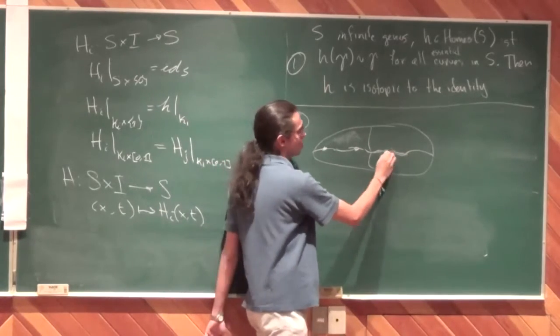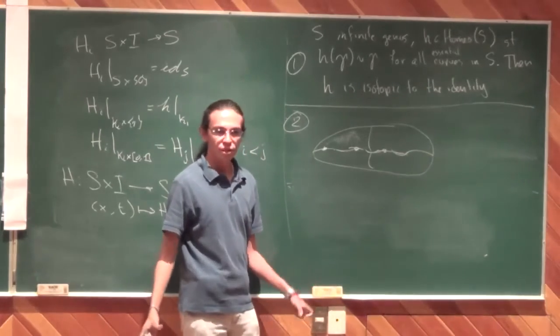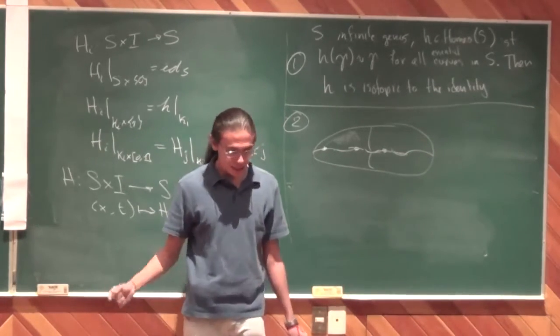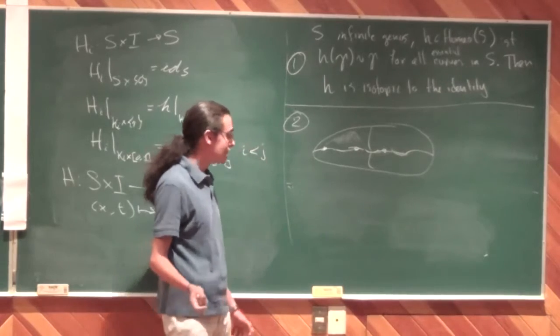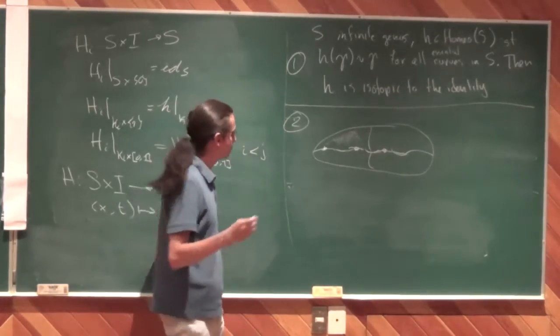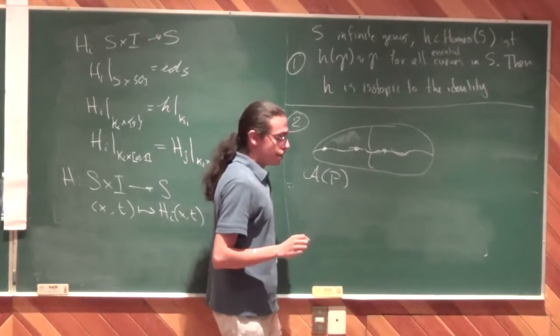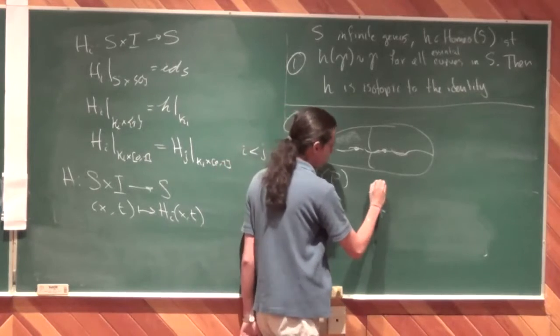This one is not adjacent to this one because they are not the boundary of the same pair of pants. Okay? And using this relation of adjacency, we can define the adjacency graph of a pair of pants decomposition. This is the adjacency graph.